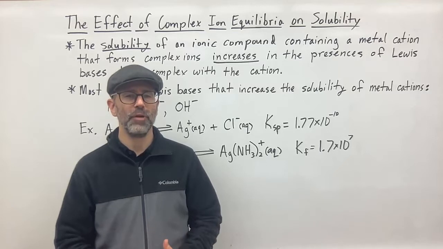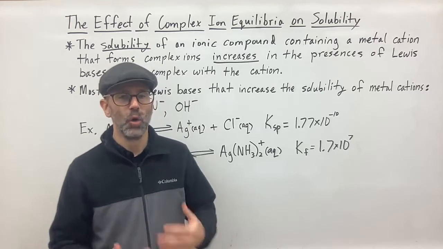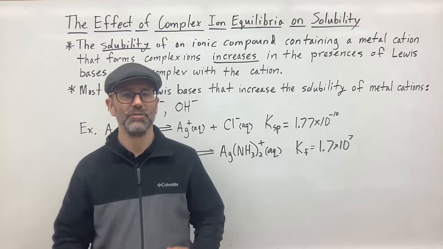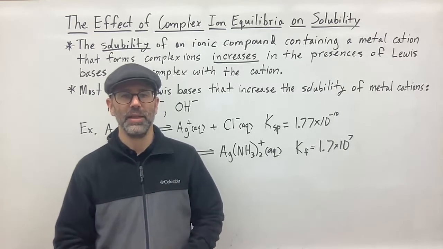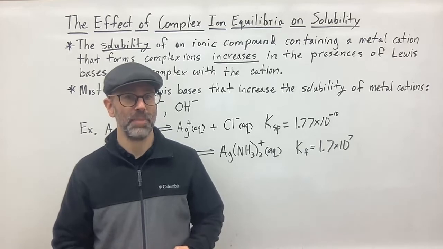So if we remember from a previous video, I had talked about how lowering the pH or increasing the acidity of a solution can actually increase the solubility of an ionic base, right?